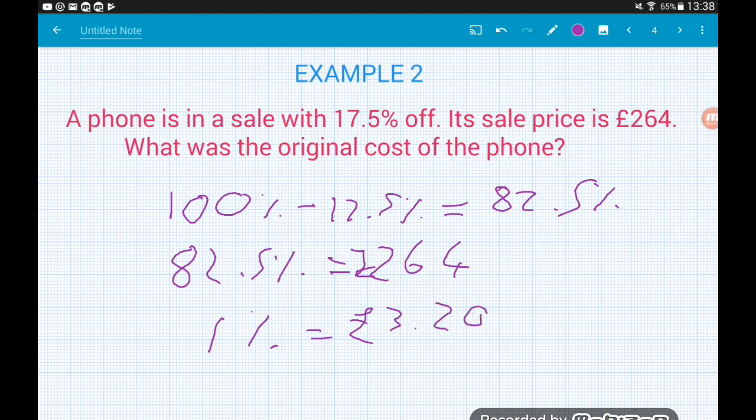So 1% of the original price is £3.20. To get the original price, 100%, we multiply both sides of that by 100, and we are left with £320. So the original cost of the phone was £320. Okay, let's do one more question.